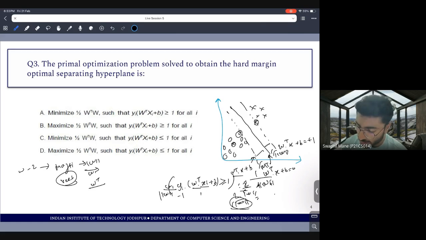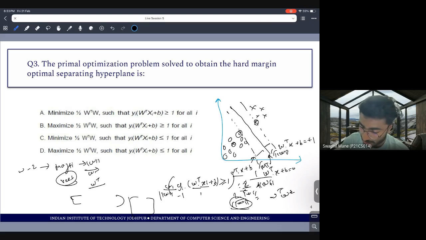So we can write w this way, because this is w squared, w transpose into w, right? The details of this equation we have seen step by step in the lectures as well. So recalling this explanation, what do you think, which option is correct here?